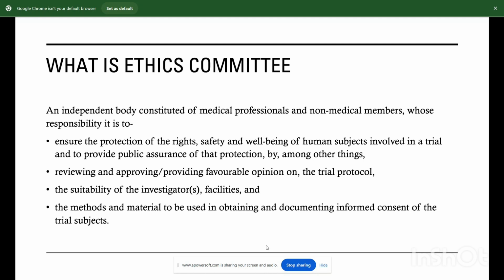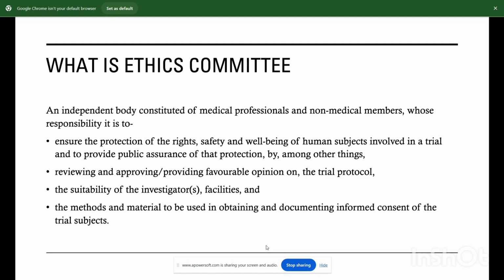The investigator who is going to conduct the clinical trial will submit the study-related documents to the ethics committee, for example the protocol, investigator's brochure, case report form, and the investigator's CV and details. Many such documents are submitted for review. Once they are submitted, the committee members review the documents and then take a decision about the study.